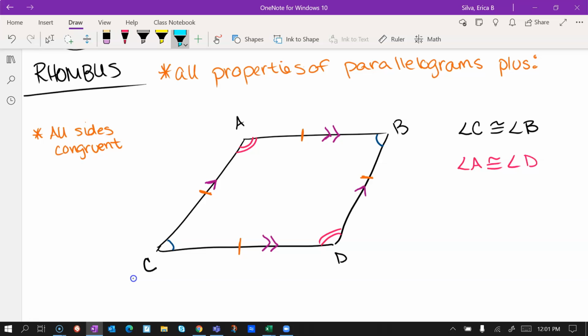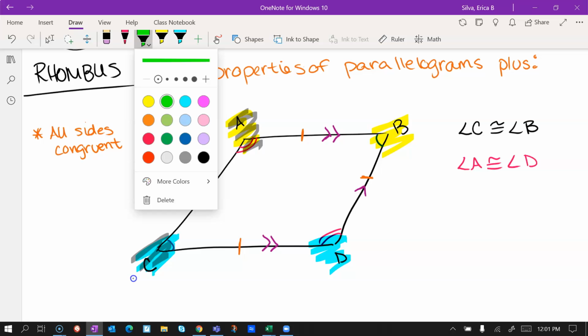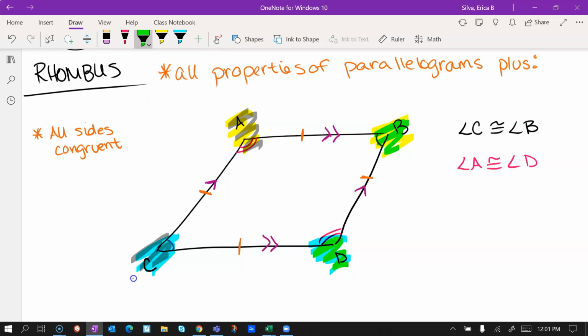If they're right next to each other, like C and D, so angle C and angle D equal 180. Angle A and angle B equal 180. Angle A and angle C equal 180. And angle B plus angle D also equal 180. As long as they're next to each other, they're equal to 180.